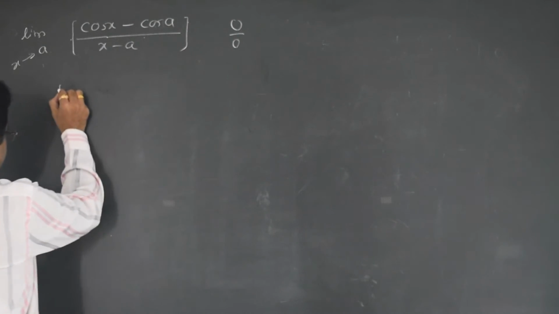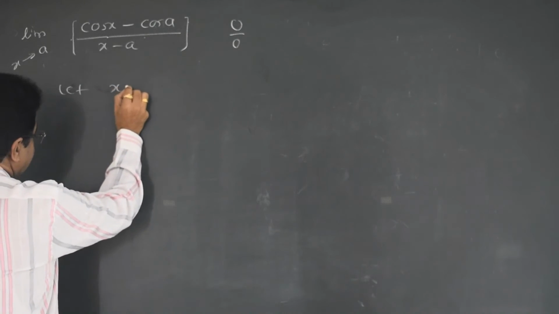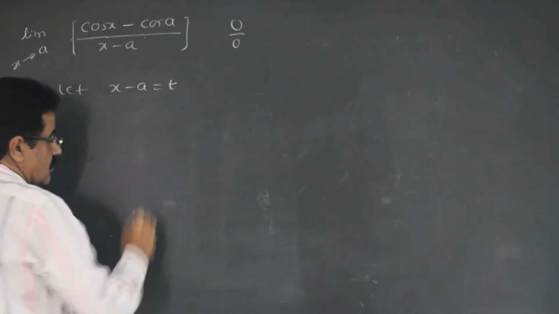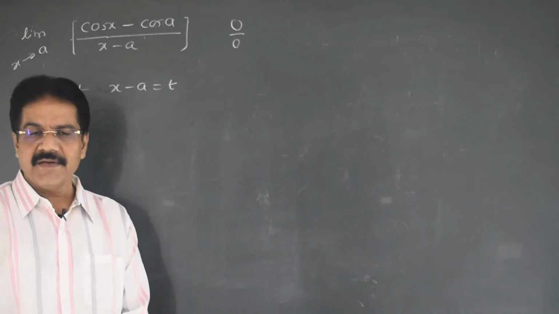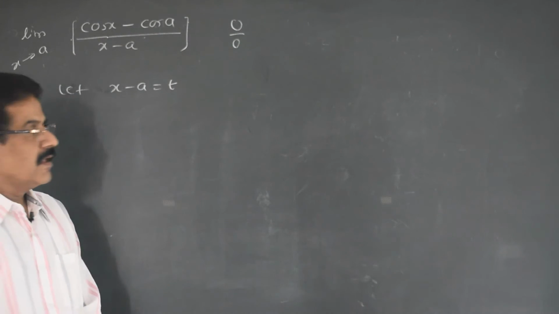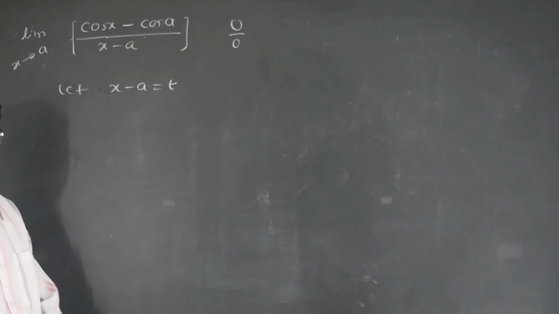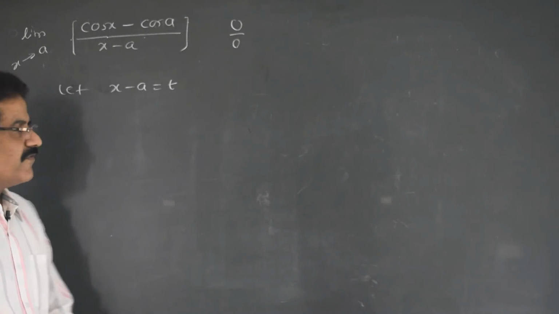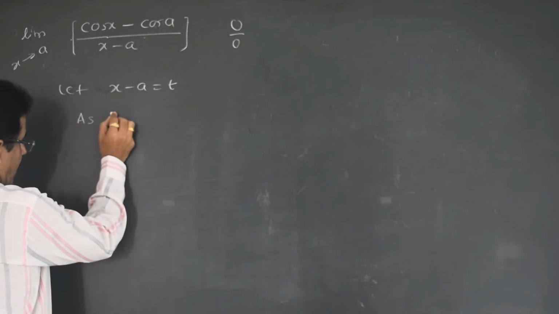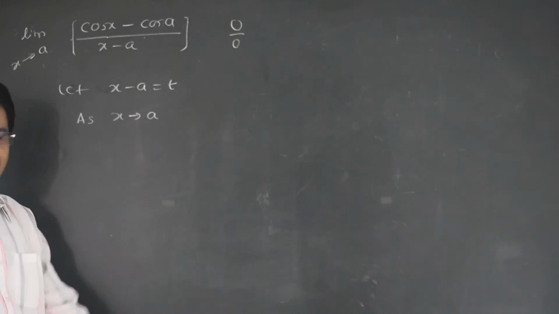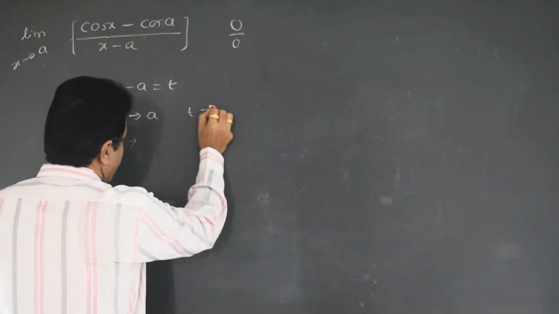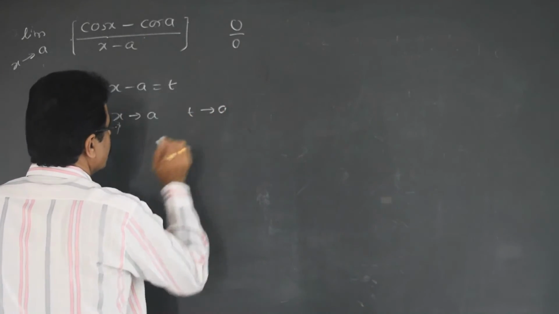Let us assume that x minus a is equal to t. So I am teaching you one more method of finding the limiting value, that is substitution. x minus a is equal to t means we are going to change the limiting variable. As x tends to a, if you replace x by a, we get t equal to 0, and therefore t tends to 0.